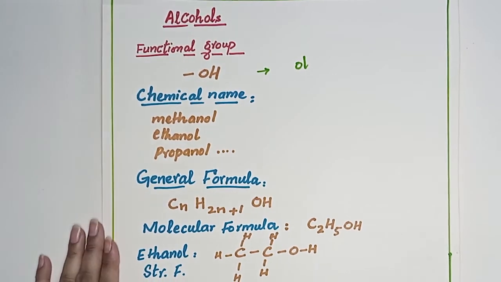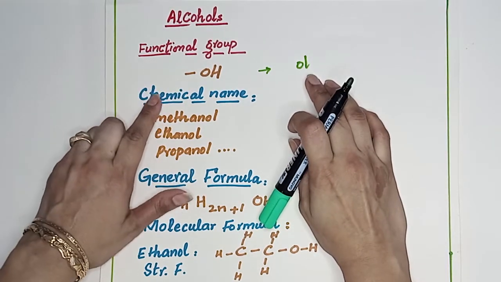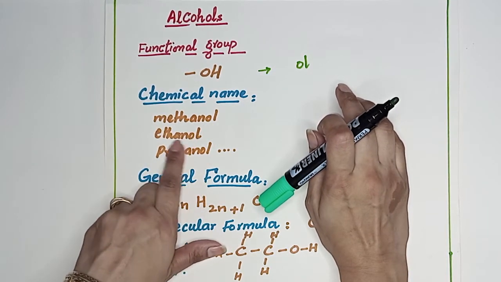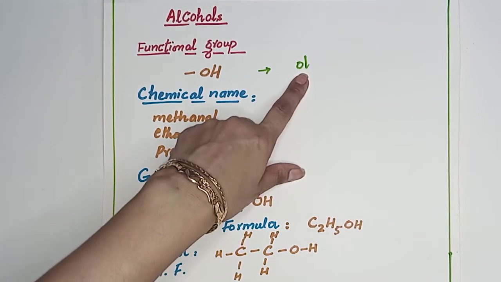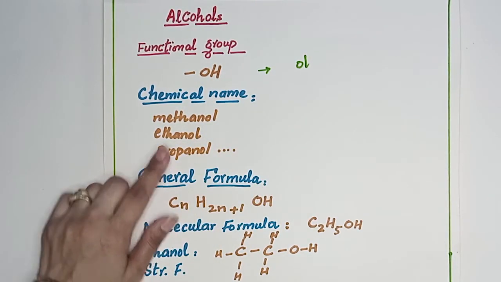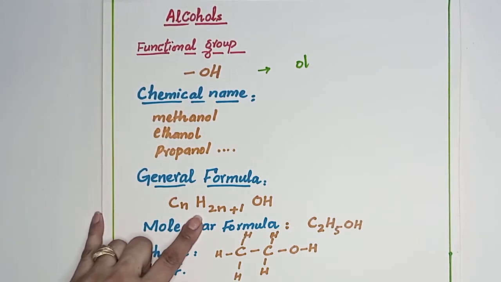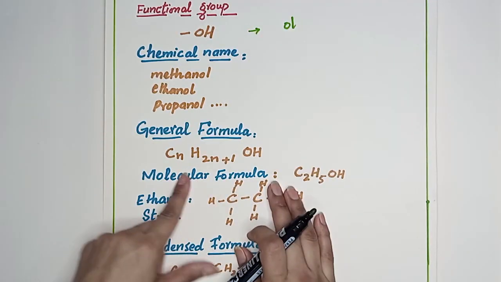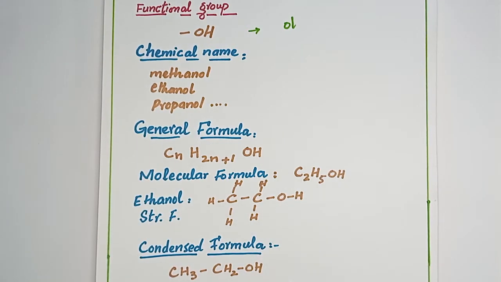So alcohols have OH in their compounds and the name ends in ol: methanol, if it has 2 carbons, ethanol, propanol. So if it ends in ol, it is in the family of alcohols. The general formula for alcohol is CnH2n+1OH, in which we put the value and get the molecular formula accordingly. Right?